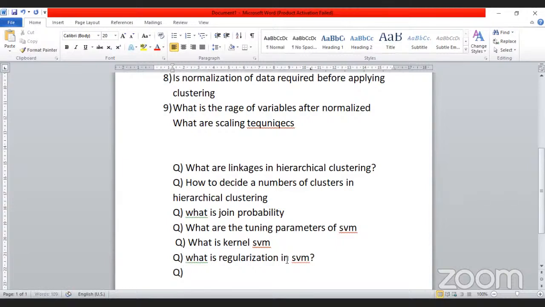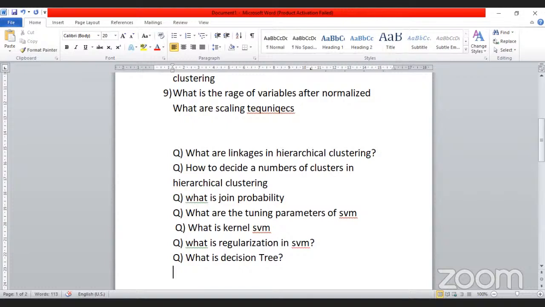Next question is, what is a decision tree? Okay. So the decision tree is a supervised machine learning algorithm. It is used for both classification and regression analysis.